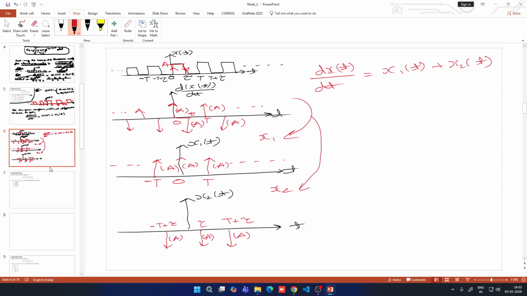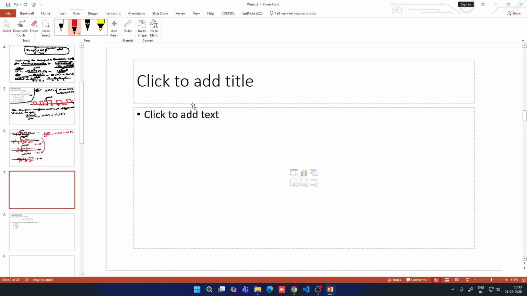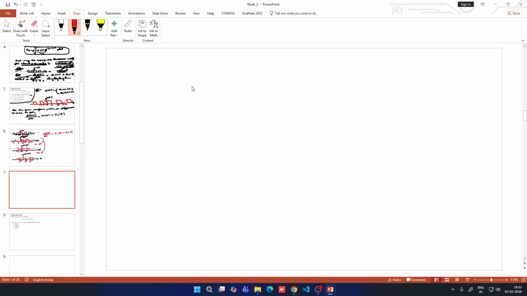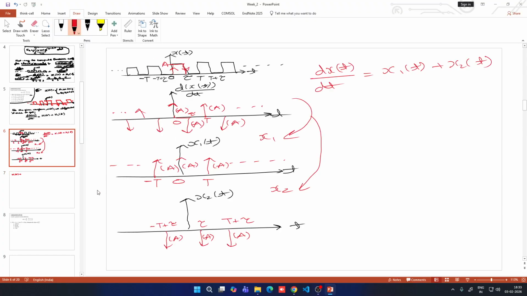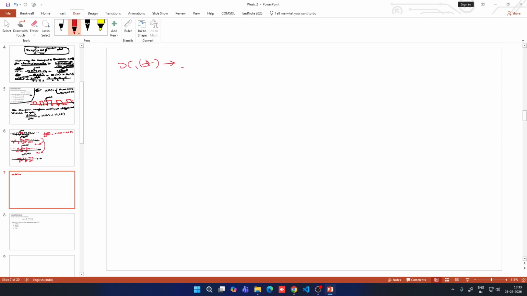We'll go to the next page. Here we have seen x1 of t. x1 of t is an impulse train with time period capital T, and its coefficients can be written as follows.